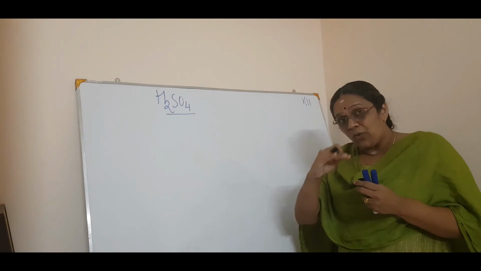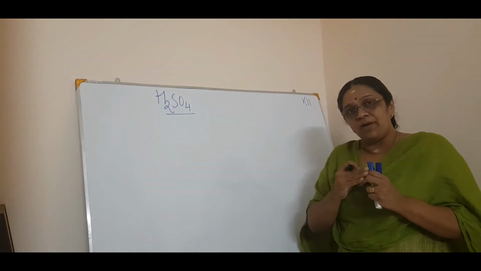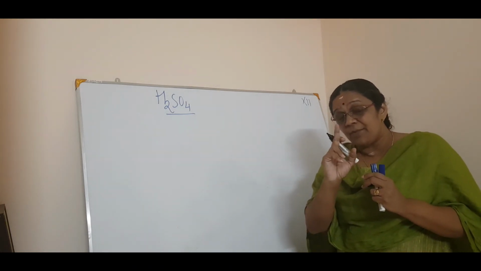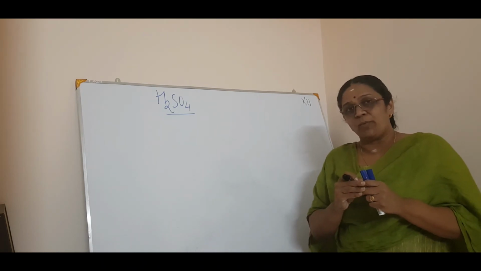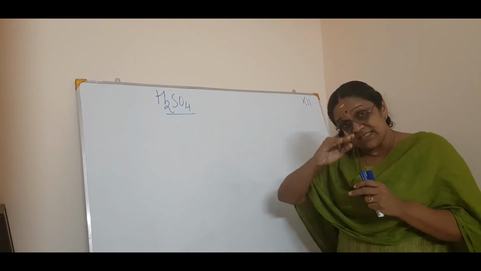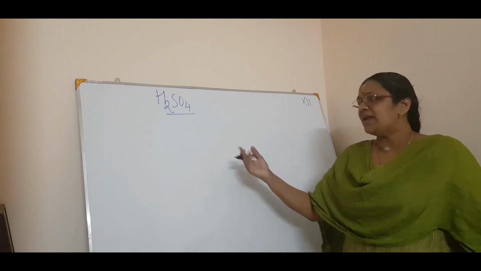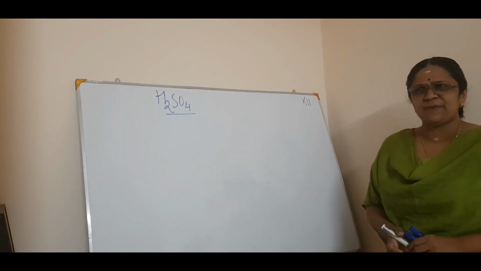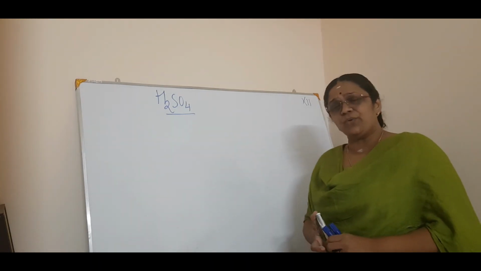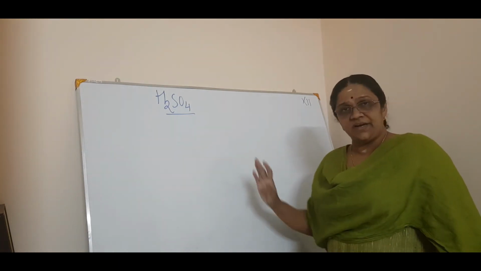It will come down and the solution will stay up, and at the junction a brown ring complex is formed. Now why is the sulfuric acid going down? Because it is a denser liquid. So that is a property of sulfuric acid, and specific gravity is also 1.2 or something. So that's all, just reading.